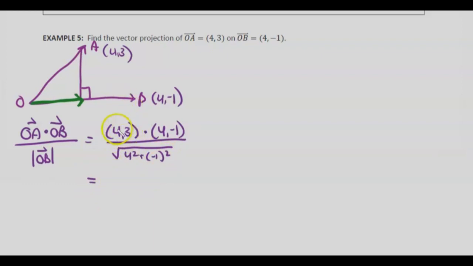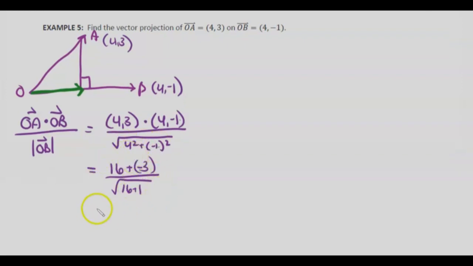In the numerator, 4 times 4 is 16, plus 3 times -1 is -3. In the denominator, we have the square root of 16 plus 1. So we have 13 over root 17. This right here is our scalar projection.